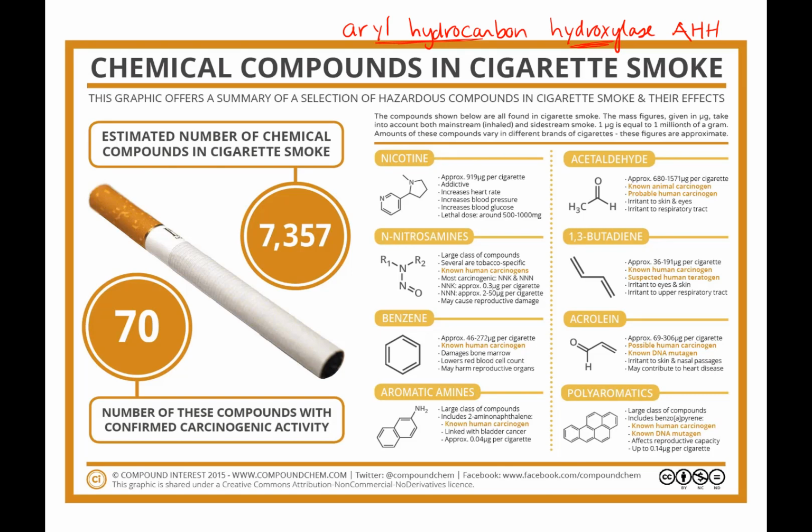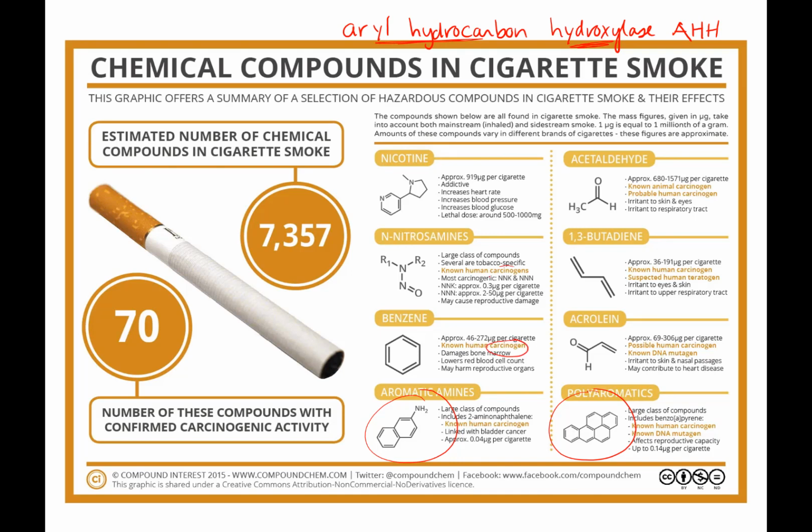And polycyclic means multiple circular type of molecule structures. So we find polycyclic hydrocarbons in a lot of pollution. And so I just brought up this slide. Cigarette smoke is very well studied for the carcinogens in it.